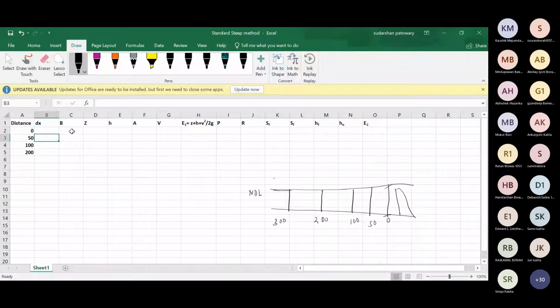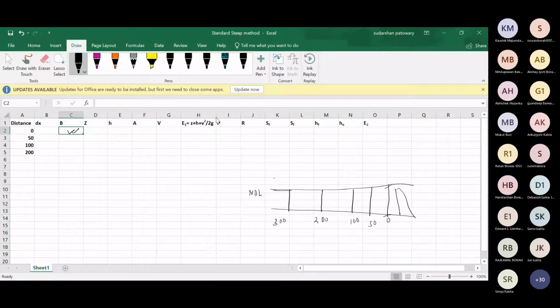Width is also considered here. At section 0, we know this value. The width of this channel is always known, and if the width is changing, that will be considered here. Next, at section 1, suppose I am considering 0 as section 1, this point.